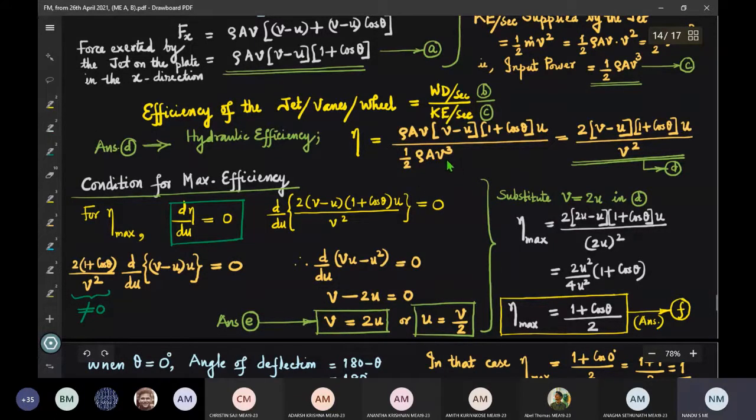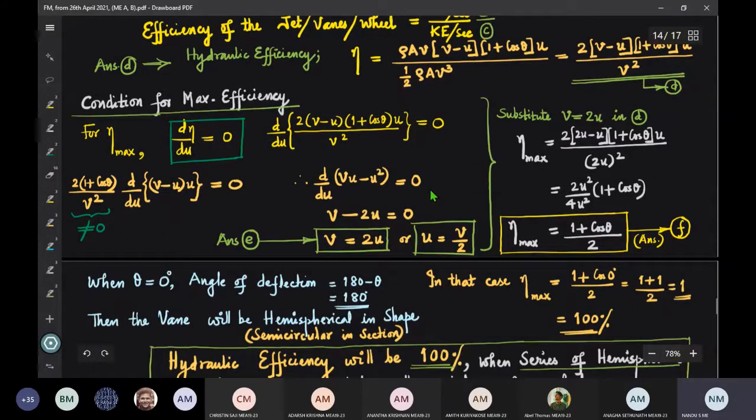You can simplify, rho AV can be cancelled from both numerator and denominator. So in simplified form, the efficiency is equal to 2 into (V minus U) into (1 plus cos theta) into U divided by V squared. So this is the hydraulic efficiency of the jet or the vane, or you can call it the hydraulic efficiency of the wheel.